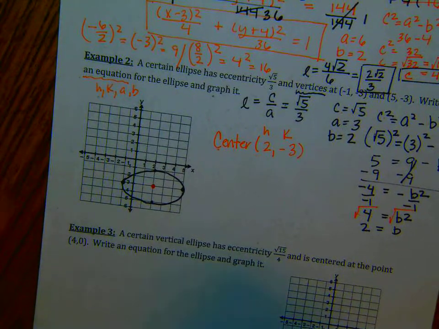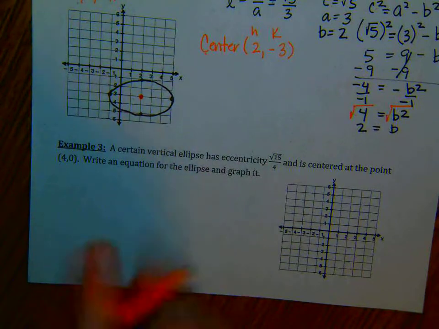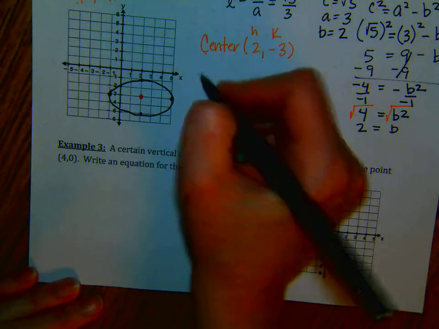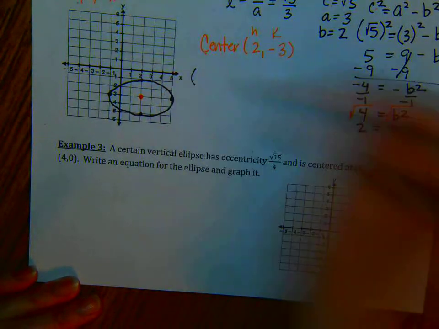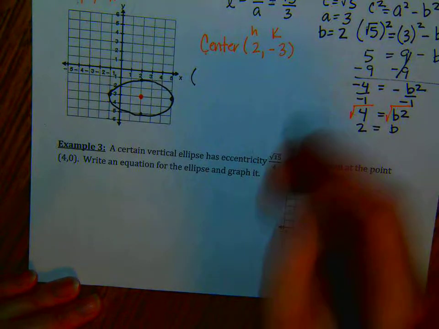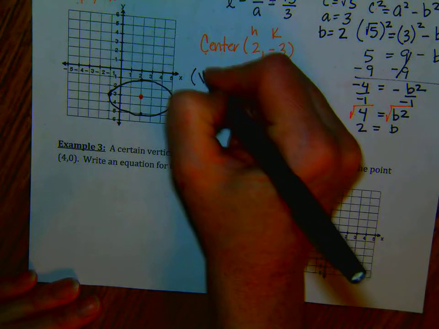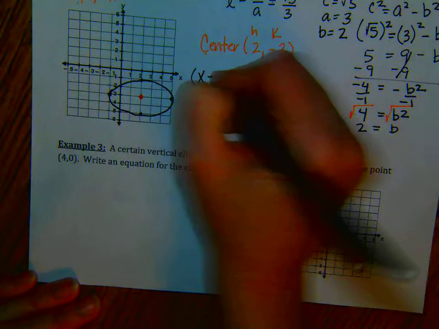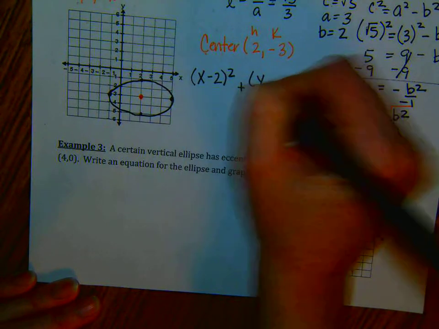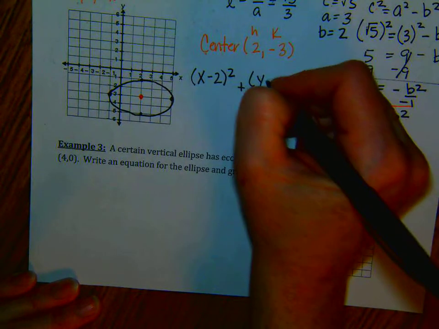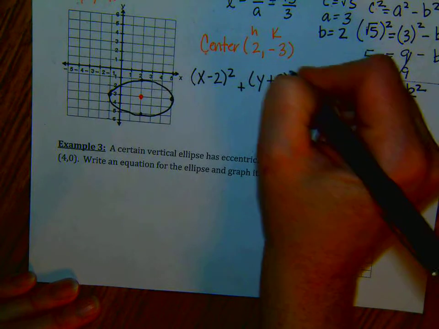And there we go. Now let's write the equation. What is the equation for an ellipse? It is x minus h squared over, plus y minus k squared over, which is y plus 3 in this case.